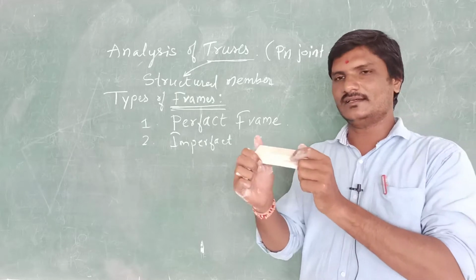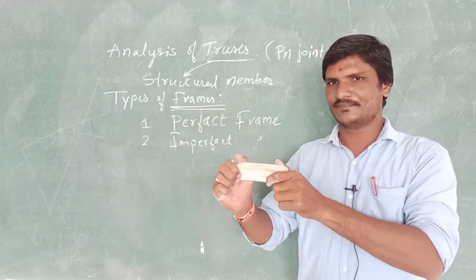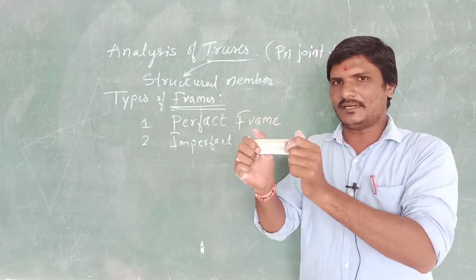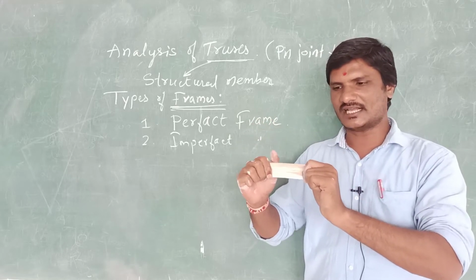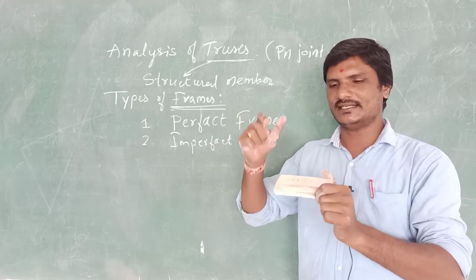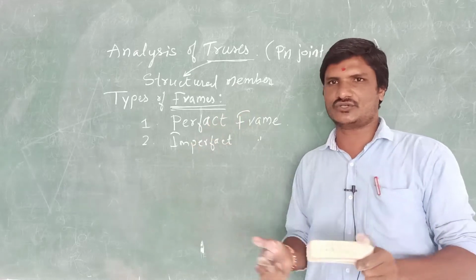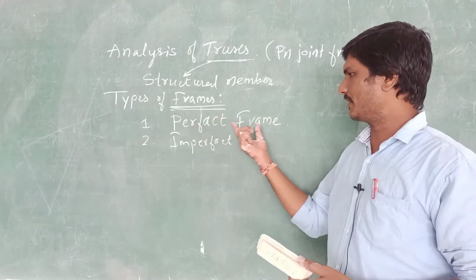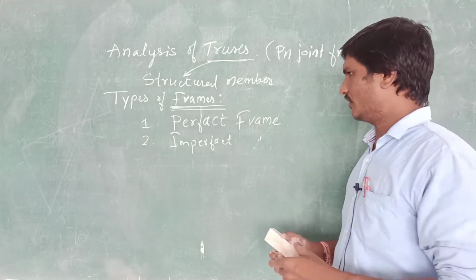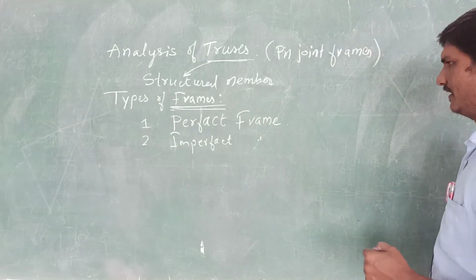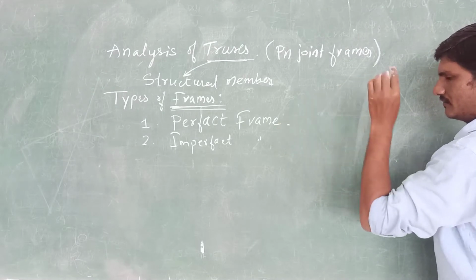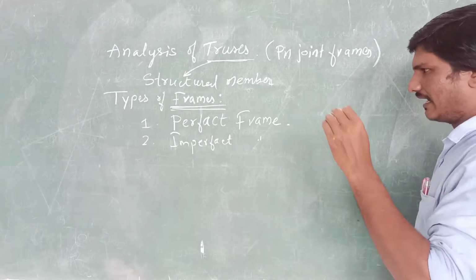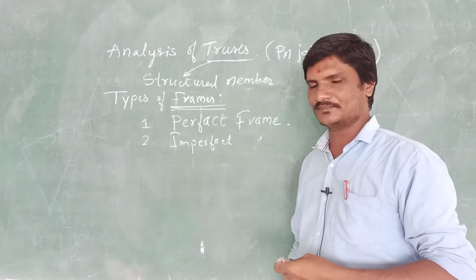When you apply the loads on the members, the member is in equilibrium conditions and there will be no distortion in the body. If there is any distortion, no equilibrium, that we call an imperfect frame.